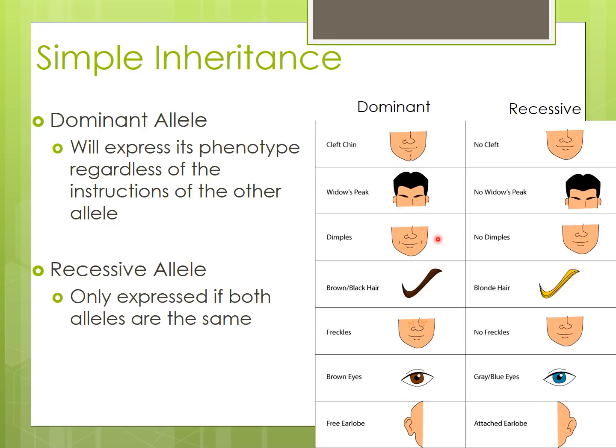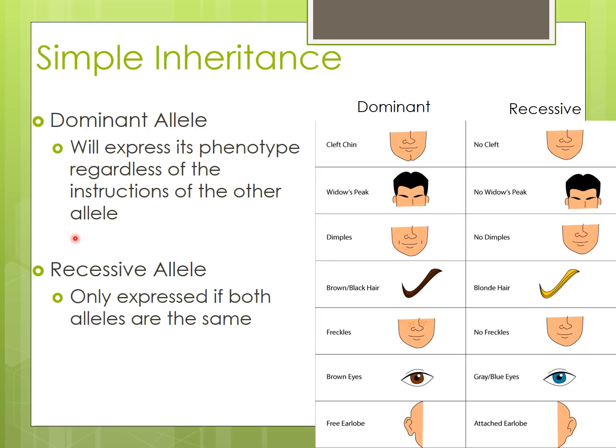Now you will only see these recessive alleles if they are having the recessive allele in two copies. So both alleles would have to be recessive, and then you would observe the recessive trait. It's only the chance that we would observe a recessive allele if you don't have a dominant allele at all.